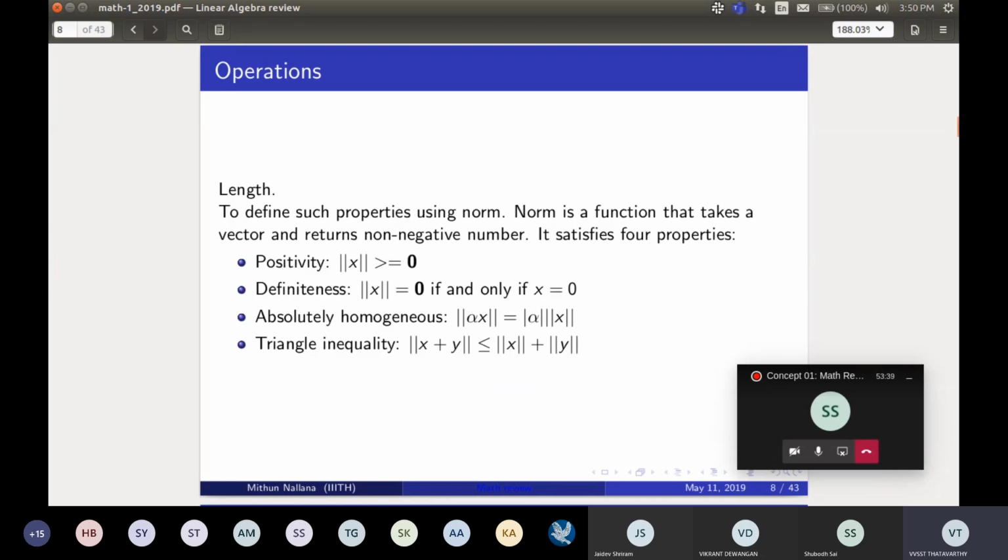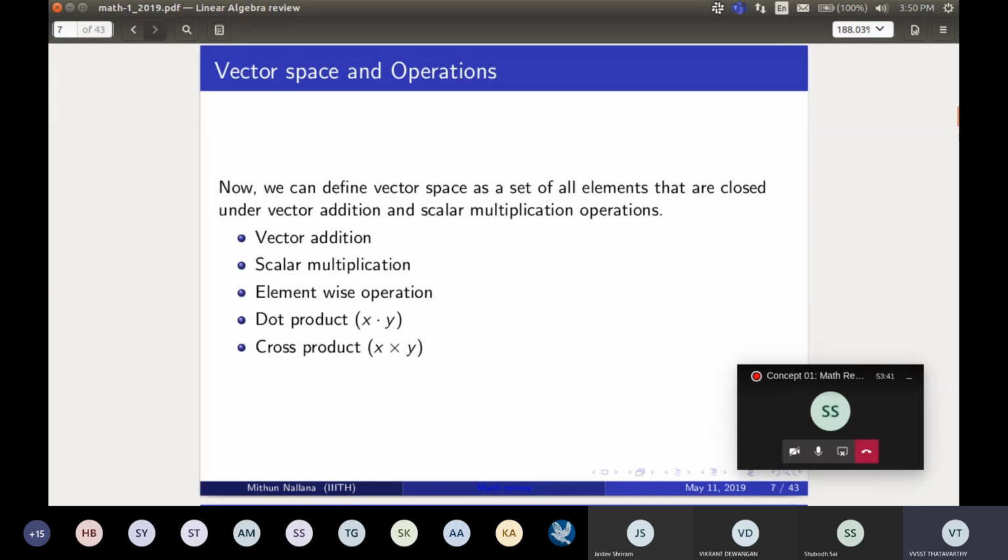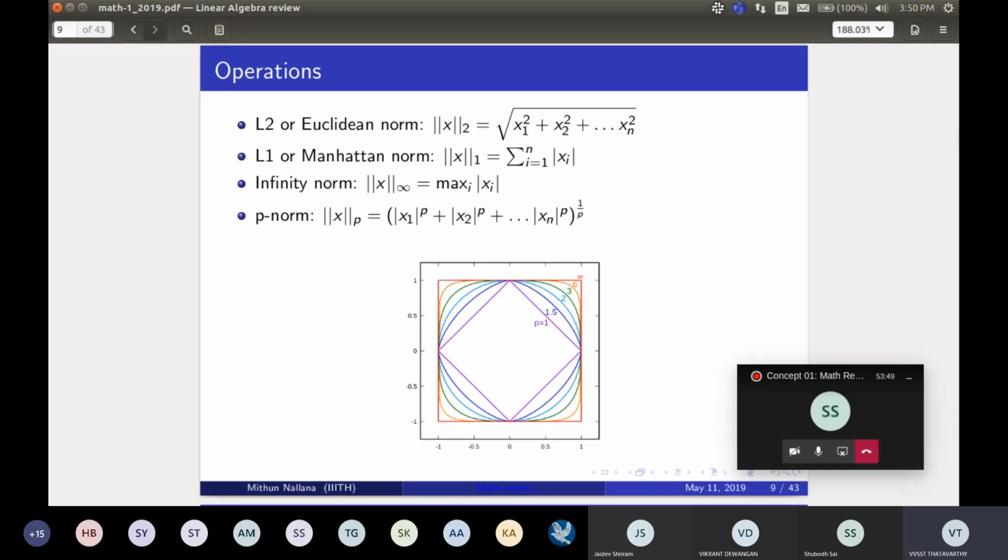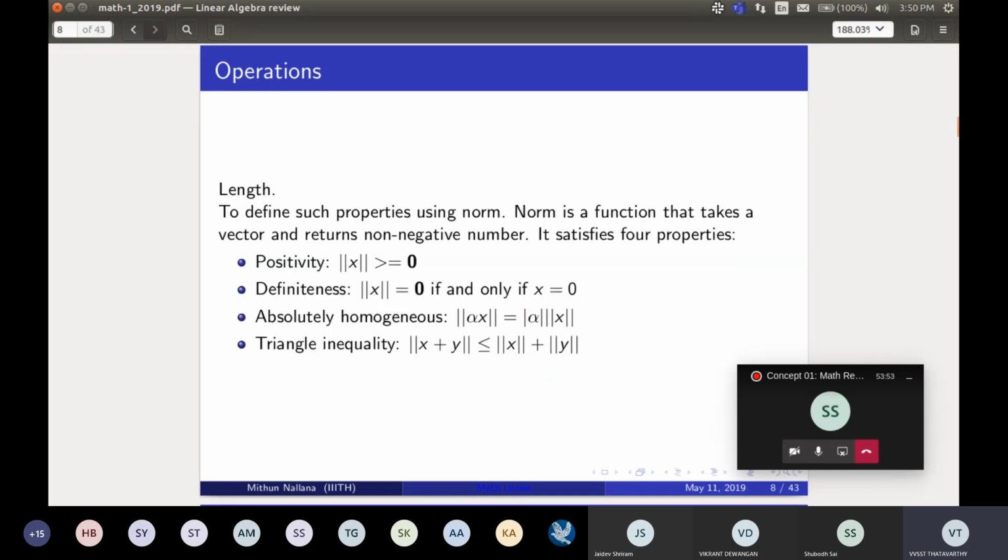So just to recollect, what we are trying to see is, given a vector, what are the operations that can be performed, and in general we are starting with the length or the norm of that vector. So various norms can be used. These norms are used, in general, as constraints while you are doing optimization, or in your deep learning loss function.